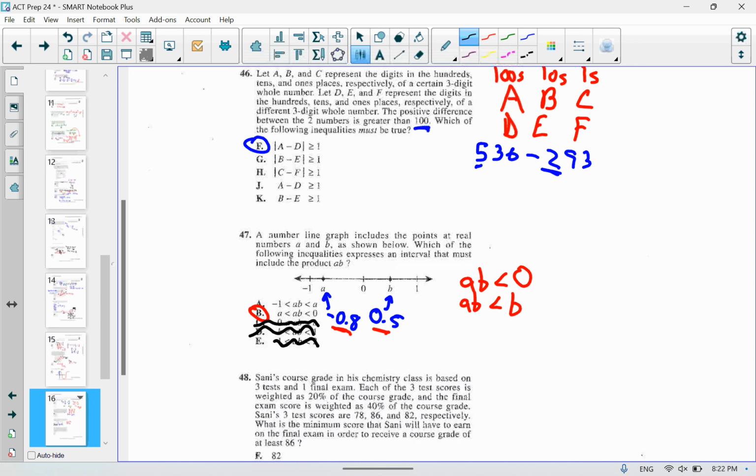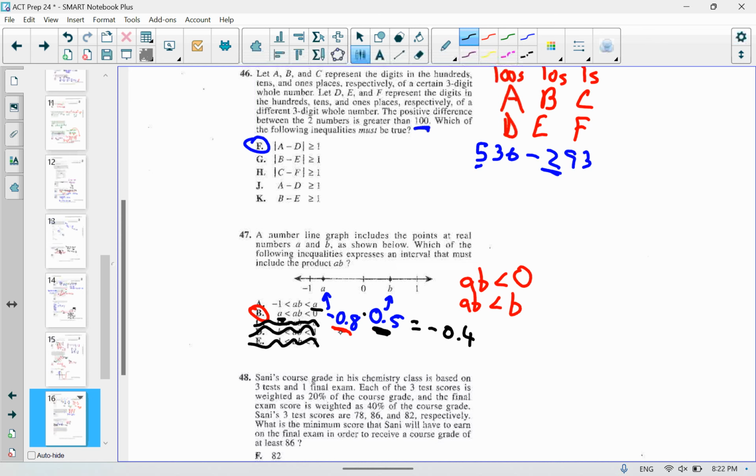E says I'm going to be greater than 1, and I can't be greater than 1 because I have to be negative. Okay, now the other thing is distinguishing between these two. Am I going to be greater than A or less than A? Well, if I have a small number like this, for example, 0.8 times negative that, I'd get negative 0.4.